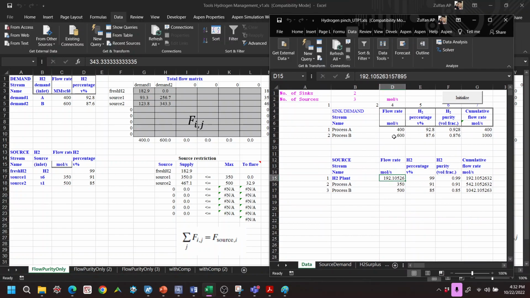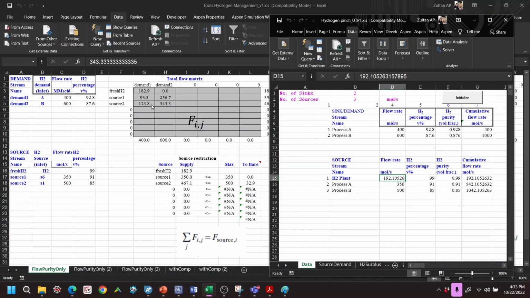Right, so 400, 92.8, 92.8, 637, 637, and then 99%, 91, 85, 350, 500, and then this tool says, well, we need to have 192, and then our linear programming says it's 182. So who's right and wrong?